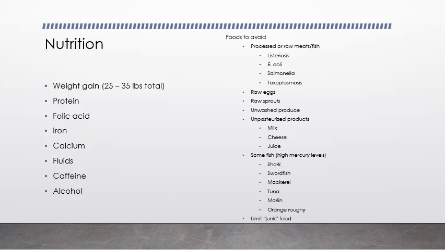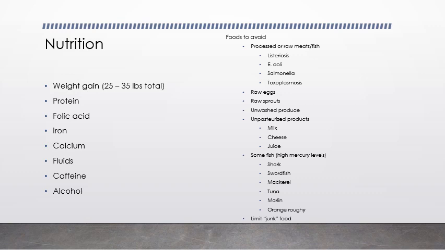So talking about nutrition, a normal pregnancy weight gain is between 25 and 35 pounds total, and that's a healthy weight gain for a normal weight woman, a woman whose BMI is between 20 and 25.